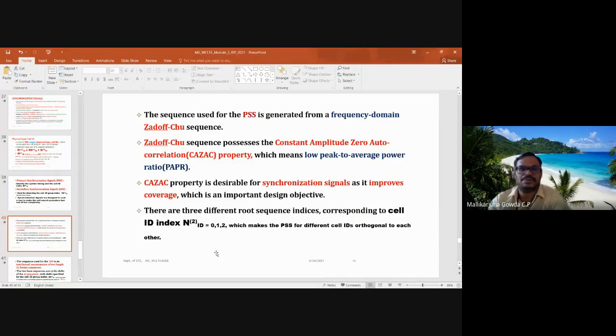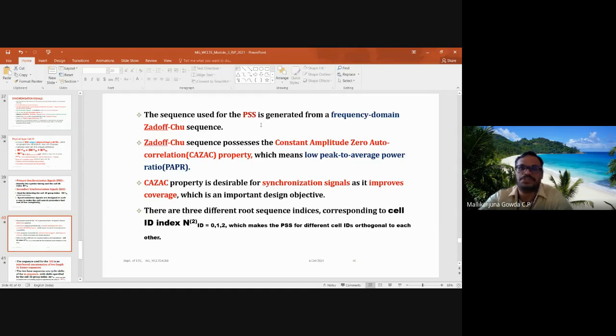I was telling about the Zadoff-Chu sequence. If you have an idea about pseudo-noise sequence, then you will be able to understand what a Zadoff-Chu sequence is. But anyhow, I am not going to discuss what a Zadoff-Chu sequence is here. I am just saying the type of sequence used for generating the PSS signal is the Zadoff-Chu sequence.